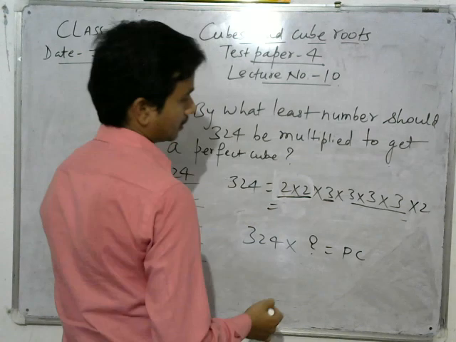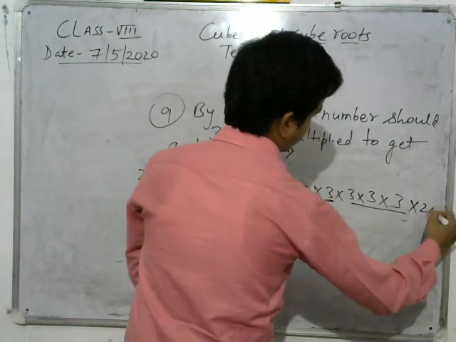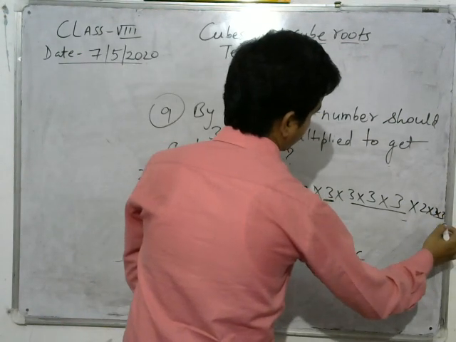And only one set of 3's is there, so we have to multiply 3 into 3 to make the triplet.